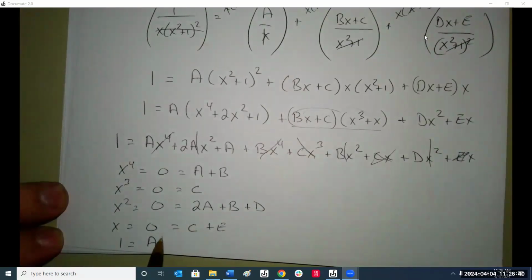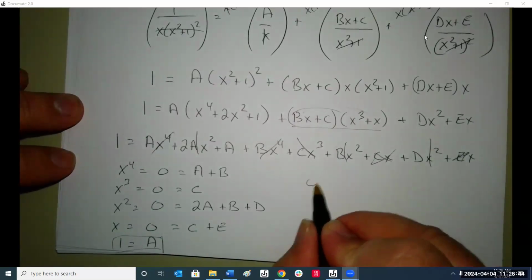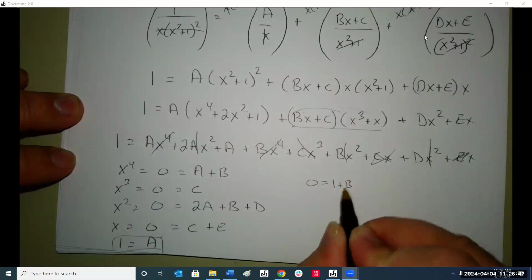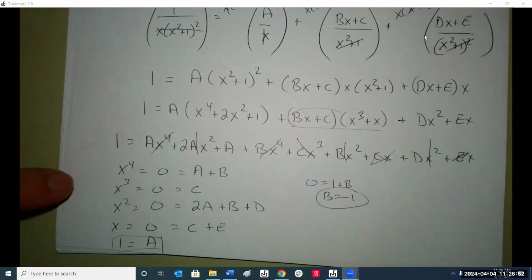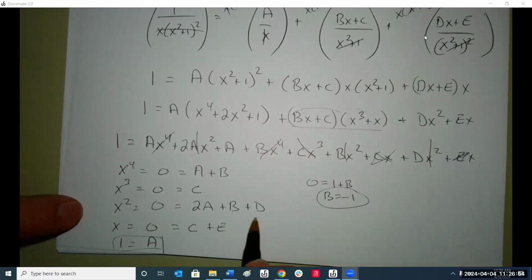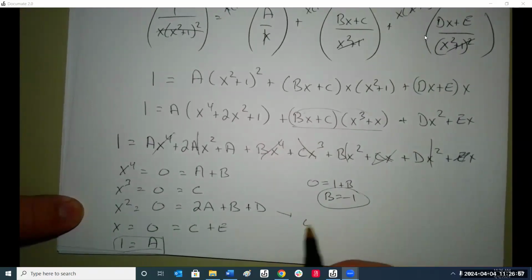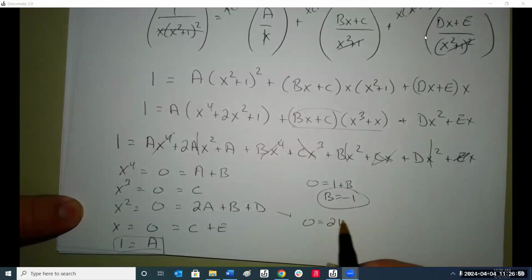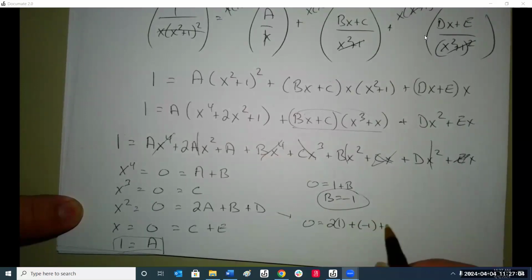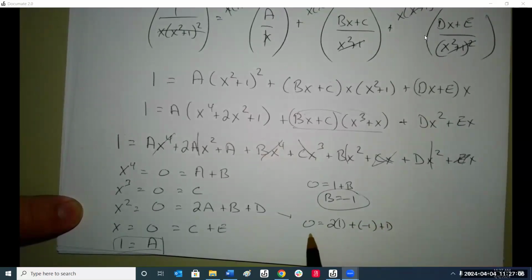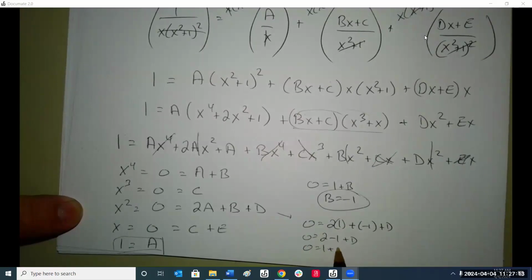So we know that we begin with a equals 1. So 0 equals 1 plus b. So b is equal to -1. Now this one. 0 equals 2 times 1 plus -1 plus d. 2 minus 1 plus d. 1 plus d.